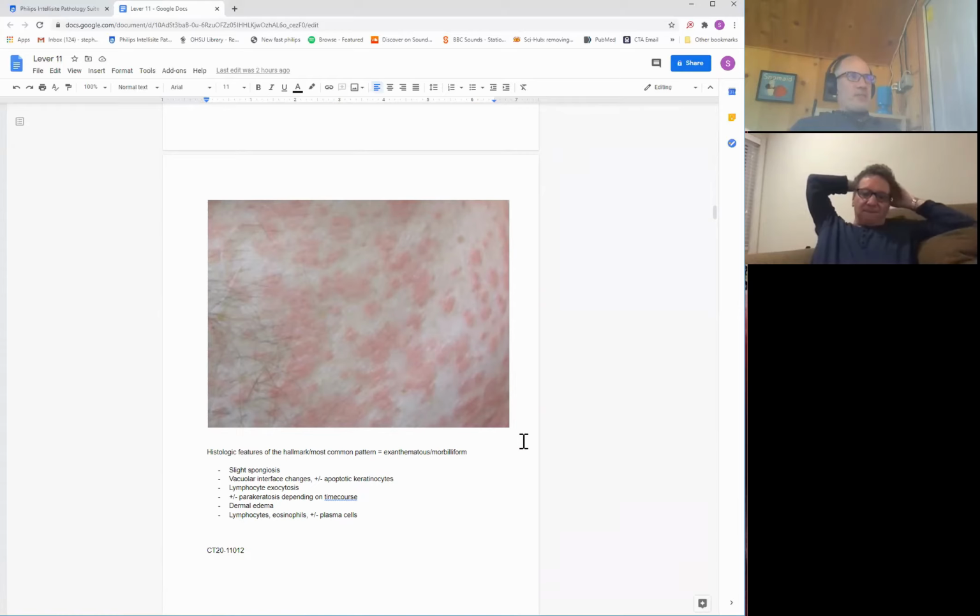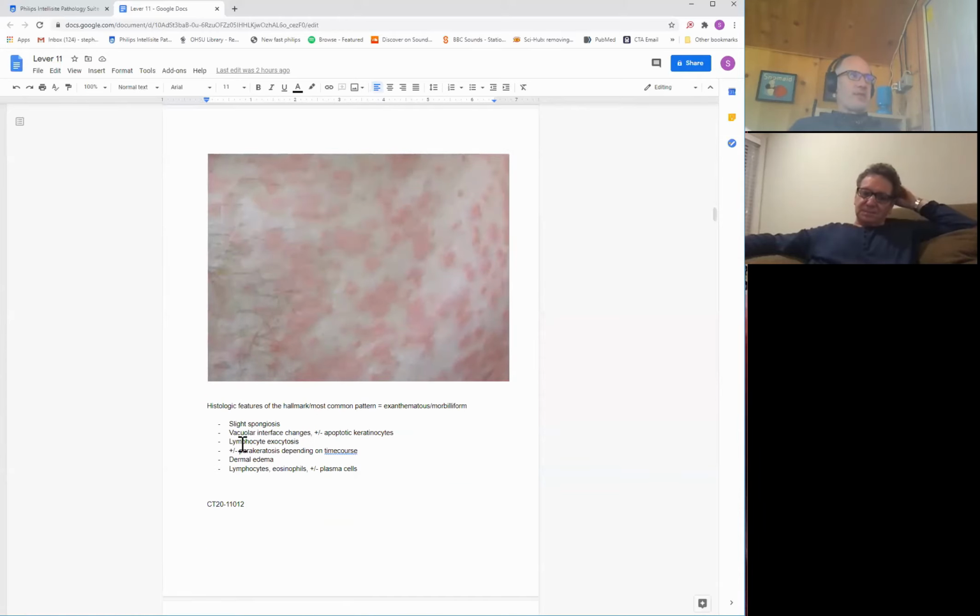And then this particular pattern also has a constellation of histologic findings, which are a hallmark of drug eruptions. So slight spongiosis, not generally dramatic spongiosis, some interface changes, so maybe some vacuoles, maybe some apoptotic keratinocytes, lymphocyte exocytosis, which means you have lymphocytes scattering up into the epidermis, parakeratosis if it's been around a little while and the epidermis has had time to react.